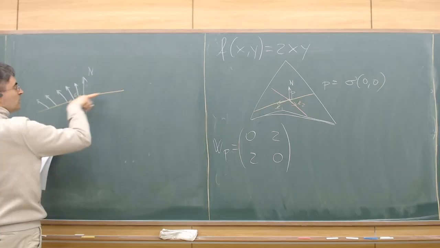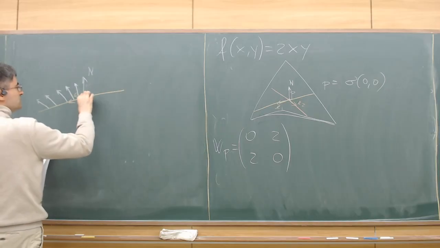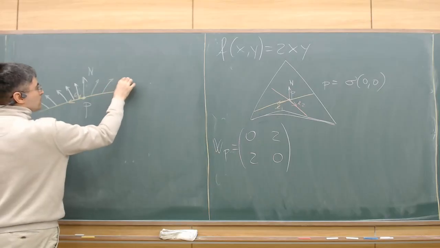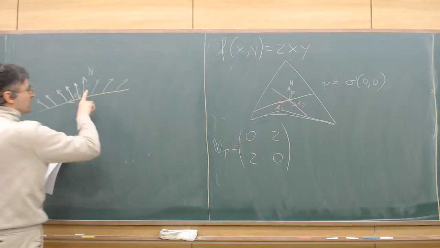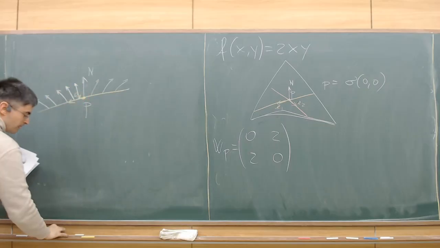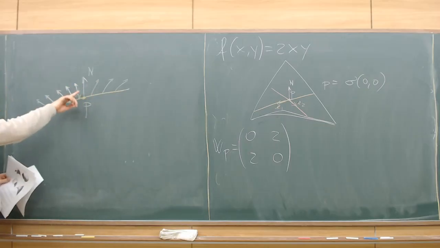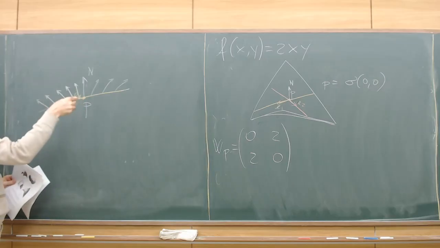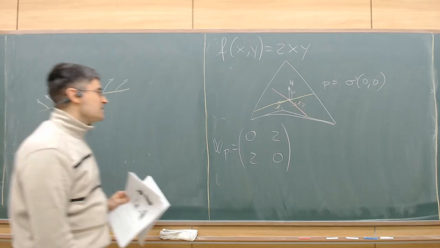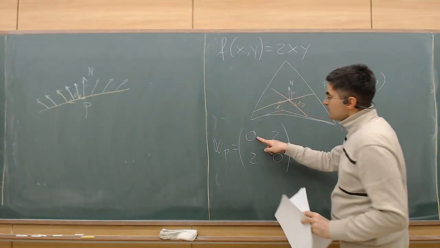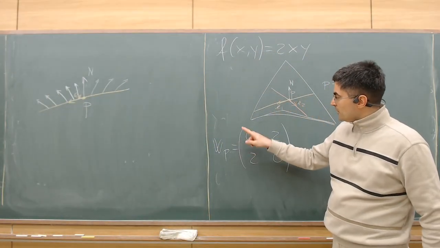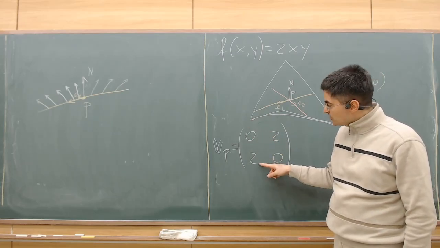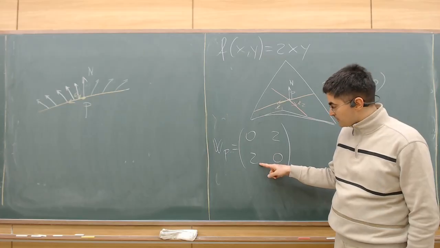Instead, if we move along this half line, n rotates this way. So n tries to become parallel to E2, which is orthogonal to the blackboard. This is why there is a 0 here. So W_P of E1 has no component along E1. It has a non-zero component along E2, and it is positive.